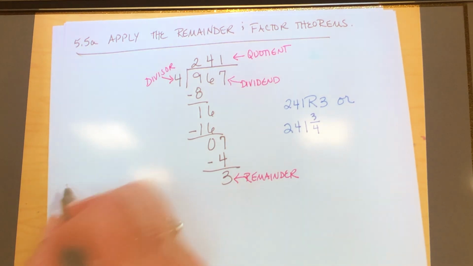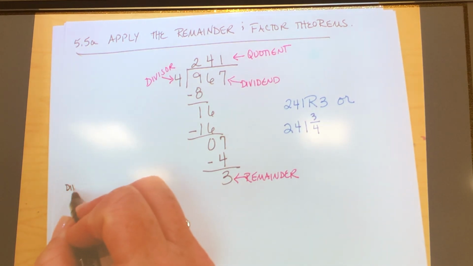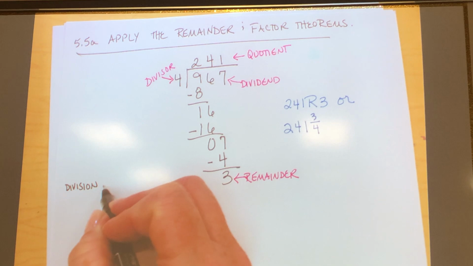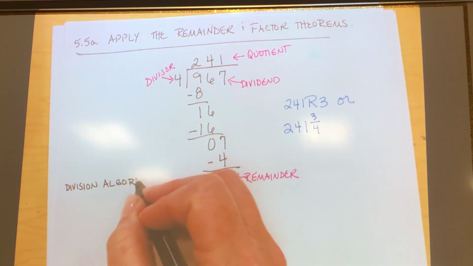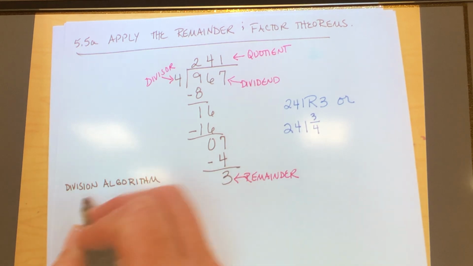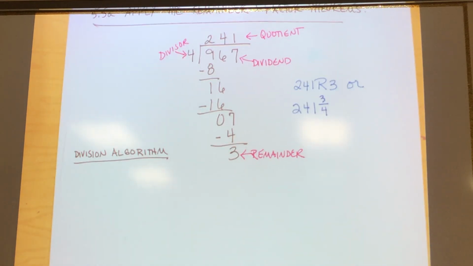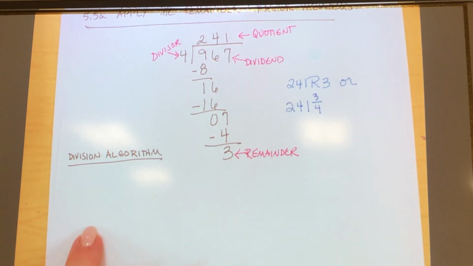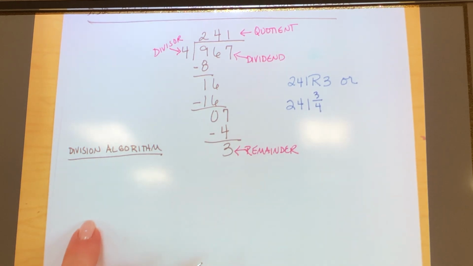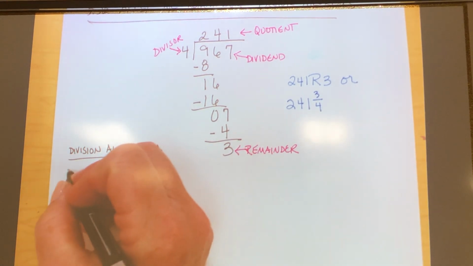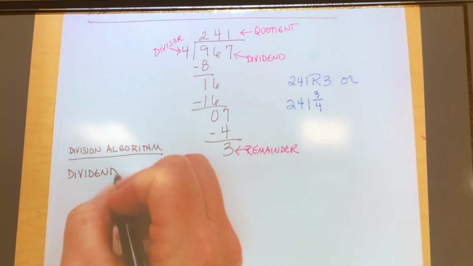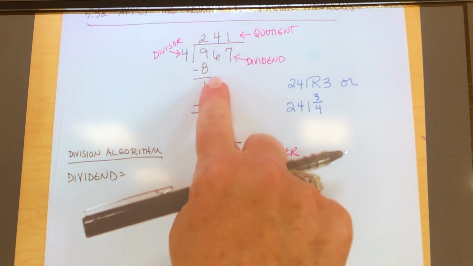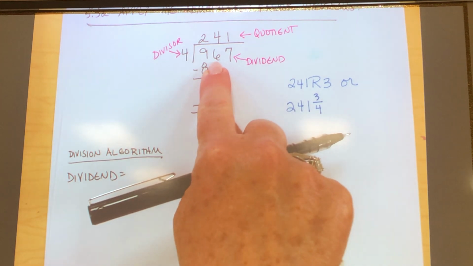So, does anybody know what we would call the division algorithm? What's an algorithm? That's a cool word. It is a formula, guys. So, I think you know this. How would I get this dividend? How would I get this 967?